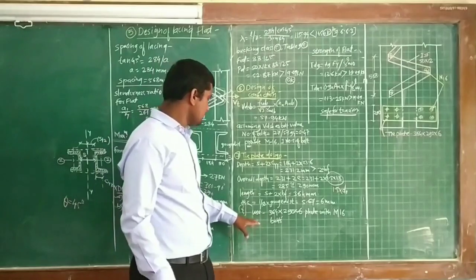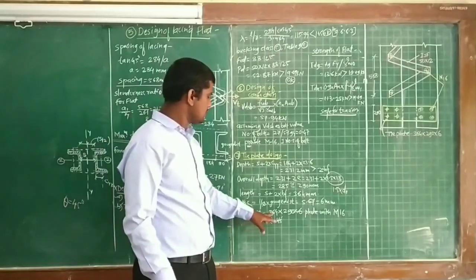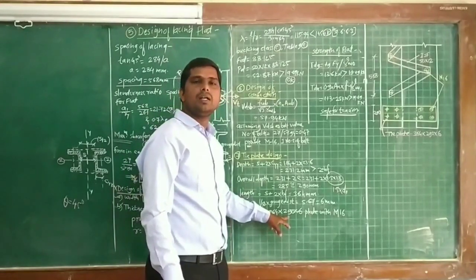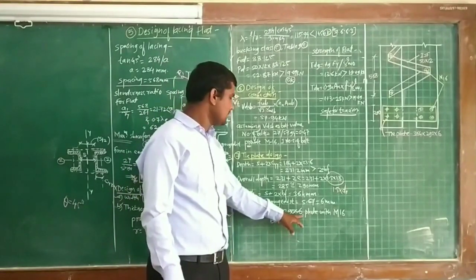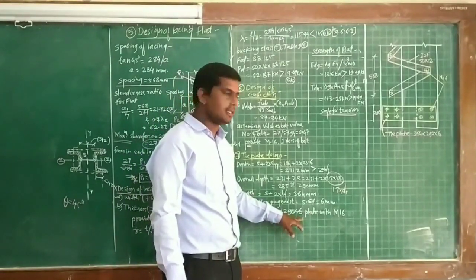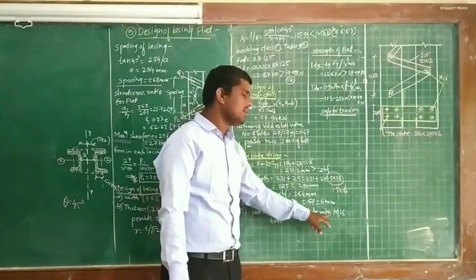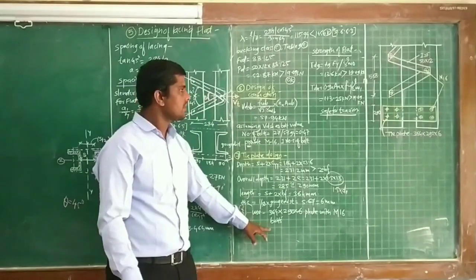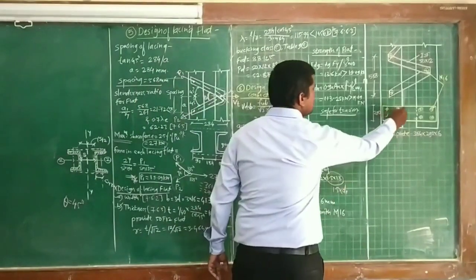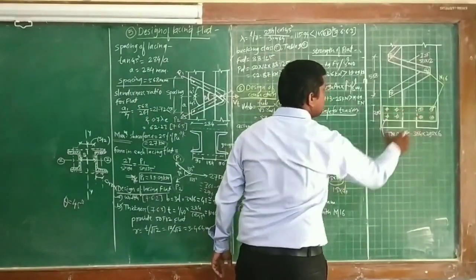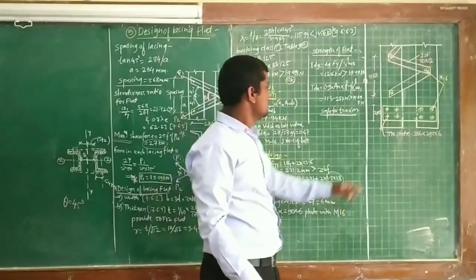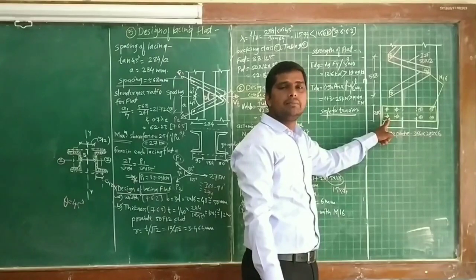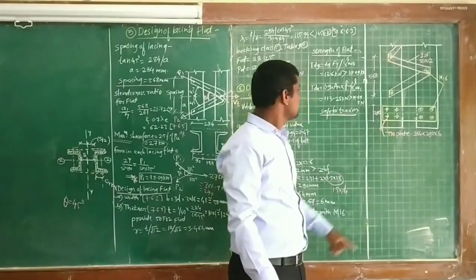And lastly, we use length 364 mm, overall depth 290 mm, and 6 mm thickness of this tie plate. We are going to connect it with M16 bolts. Here the number of bolts is shown for this particular lacing column, and for this bolt we provide the M16 grade.